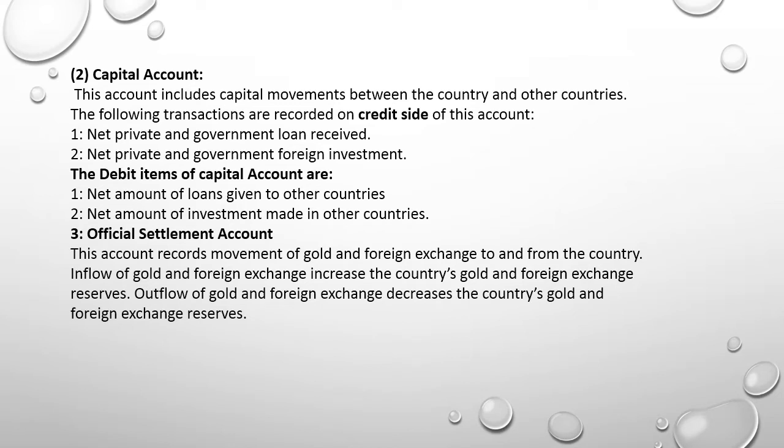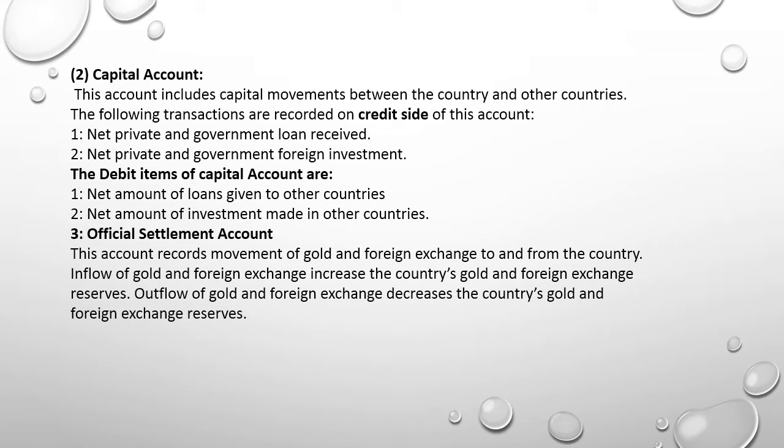Number one is net private and government loans received. When we get any loan from any government or from other foreigners, the private sector, then that capital comes into our country. The number two is net private and government foreign investment.